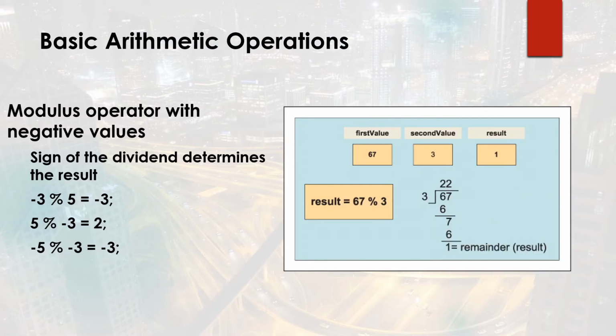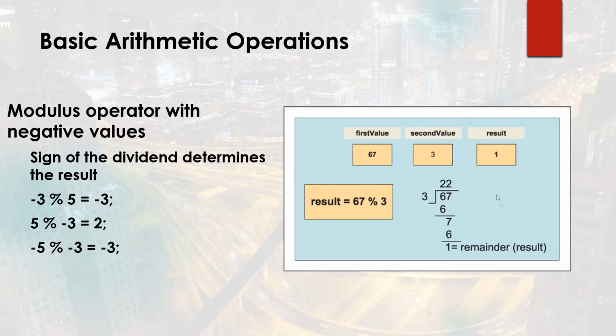So, for example, if we're talking about modulus, here's a result from a modulus operation. If you see, it says result equals 67 modulus. That's not percentage, but modulus 3.